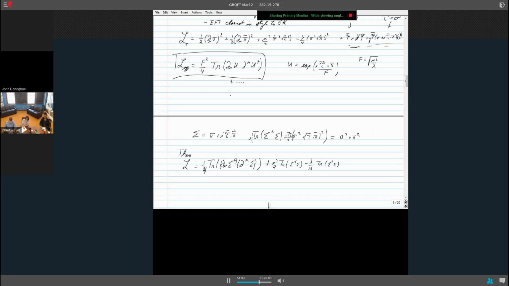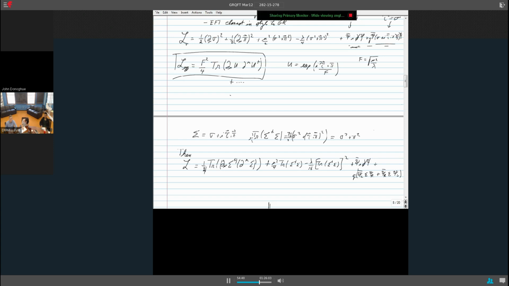Okay, so without any approximations, just by using this notation, I get the following. This first piece here has 2 derivatives. I can write that as 1/4 trace of d mu Sigma dagger d mu Sigma. The Sigma is a 2x2 matrix.